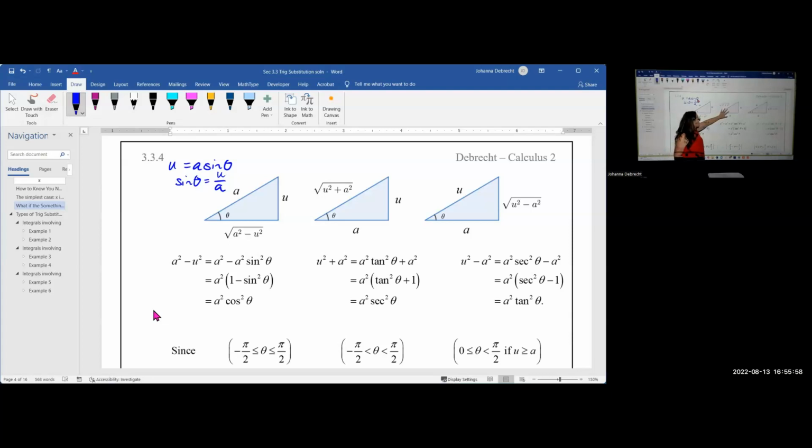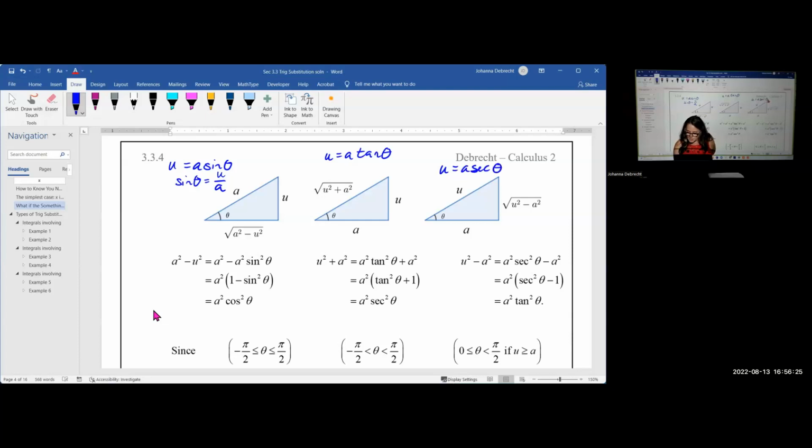And then in the second one right here, we're letting u equal a tangent of theta. And so tangent of theta is u over a, and that's opposite over adjacent. And then you use the Pythagorean theorem to get the third side, which should relate to where it came from, all right? And then the last one, of course, is that u is equal to a secant of theta.